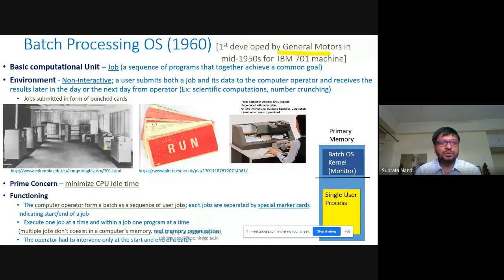Rather, the users used to submit their programs in the form of punched cards. These are views of the punched cards, and this is a kind of machine where if you type some instructions, they will be punched on a card, and you have to hand these cards to the operator. There will be one or two operators operating this machine.